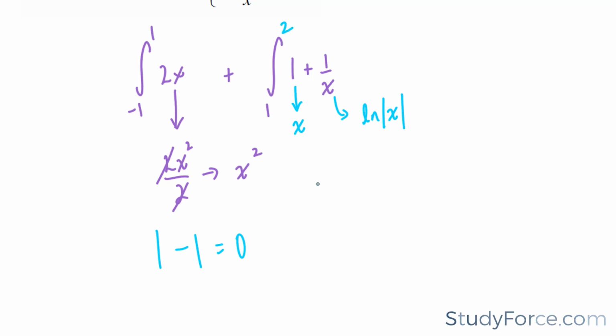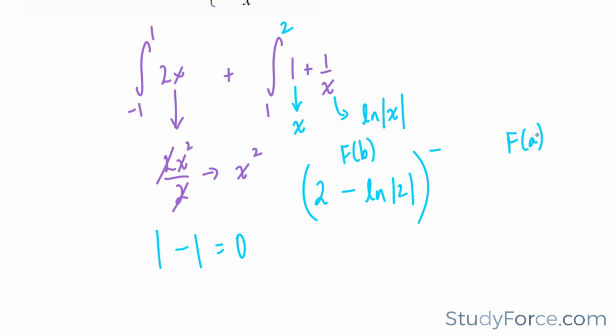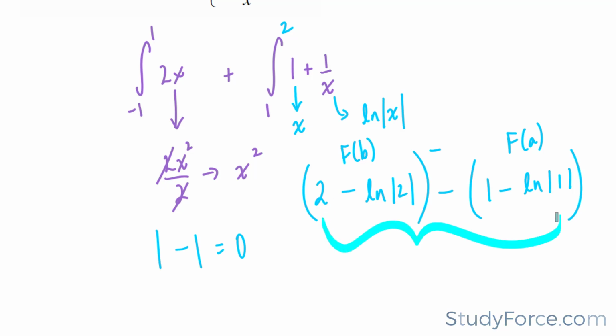Let's start with 2. 2 minus ln 2, that's f at b, minus f at a will give us 1 minus ln 1. You can now put this in your calculator to find an answer, but most teachers will be content with that, and that's your final answer.